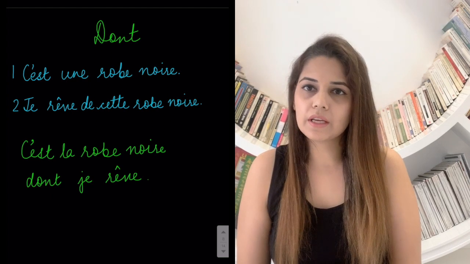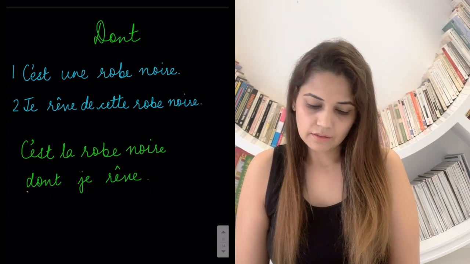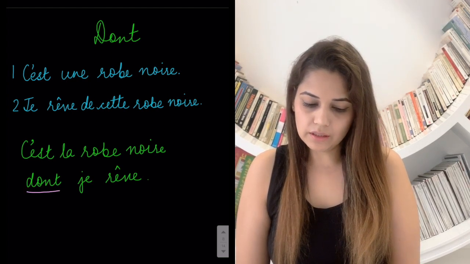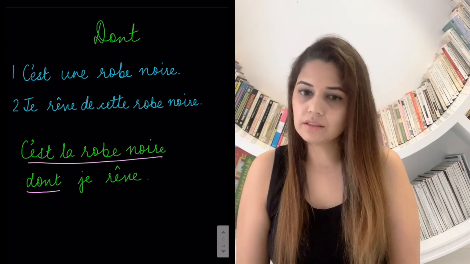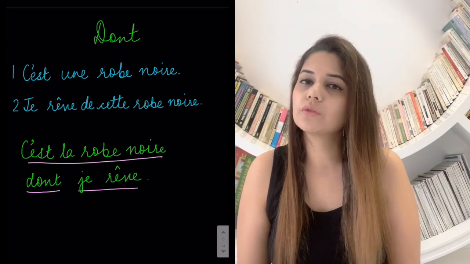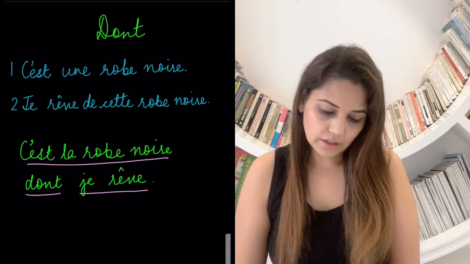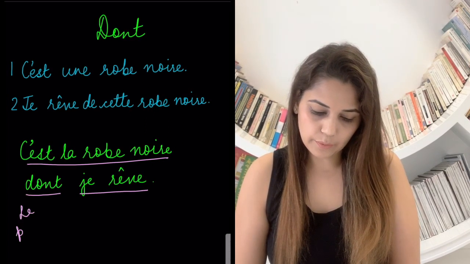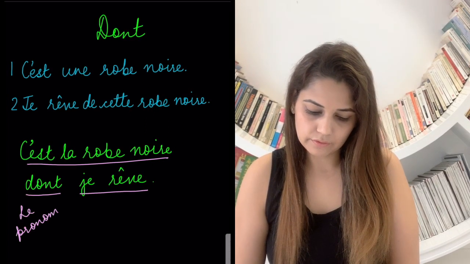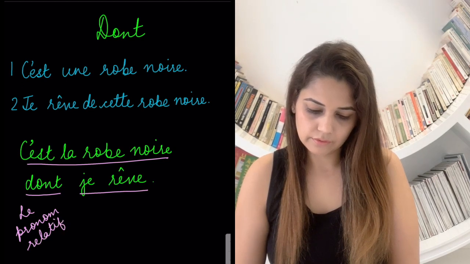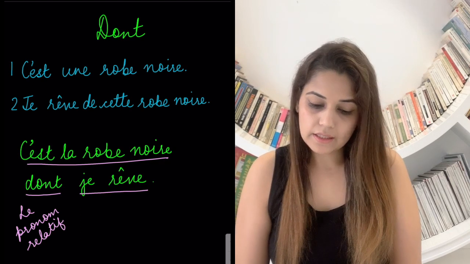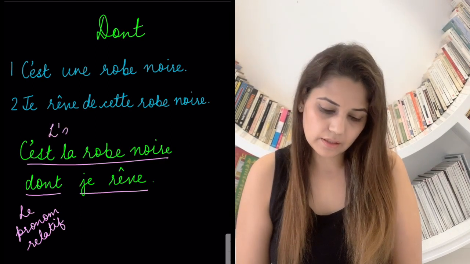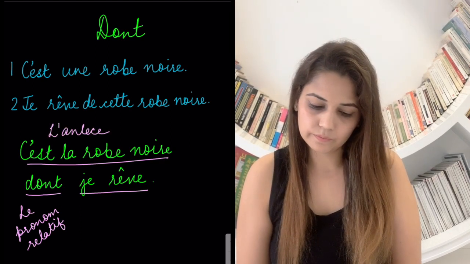Now donc is placed in between l'antécédent and la proposition subordonnée relative. So, donc is le pronom relatif and c'est la robe noire is l'antécédent.